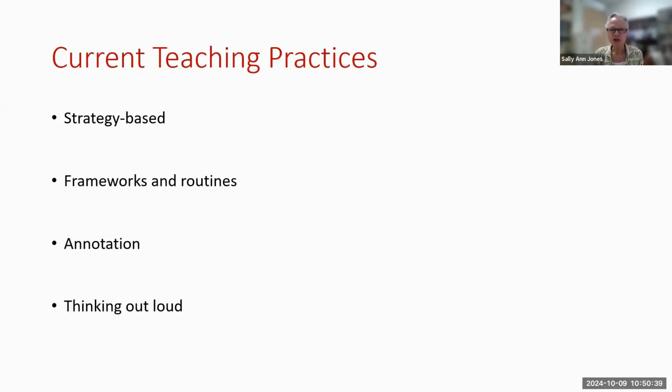So now I'm just going to move to thoughts about current teaching practices. And these are four that I think I know I've tried, and in some ways, I found them doable, but in many ways also, I found difficulty in implementing some of these.